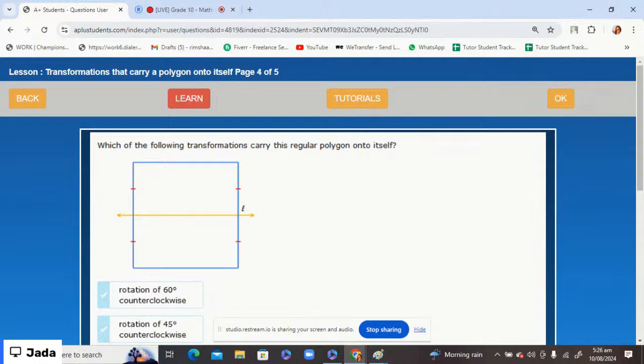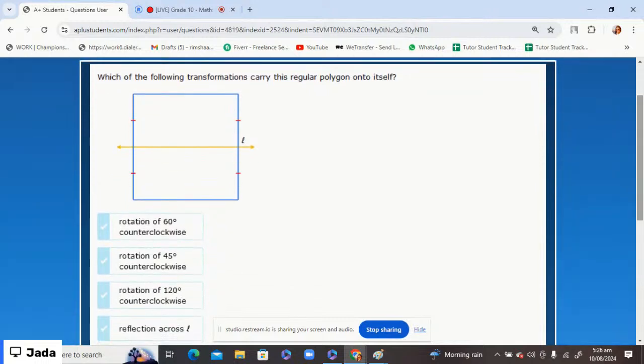Okay, now you guys tell me the answer of this. We already solved this question. Which of the following transformations carry this regular polygon onto itself? Do it, everyone.